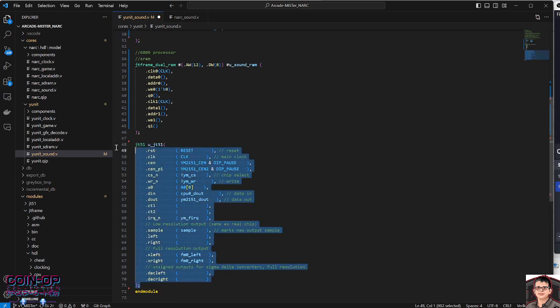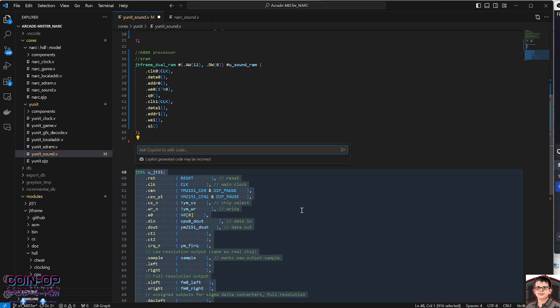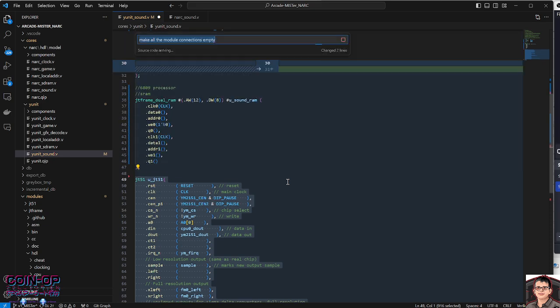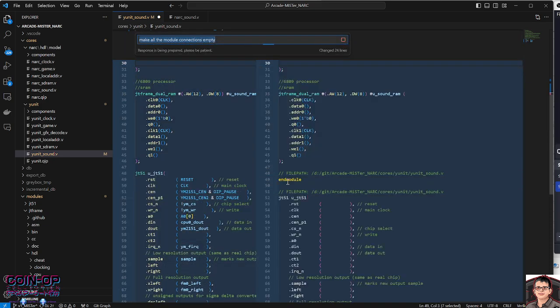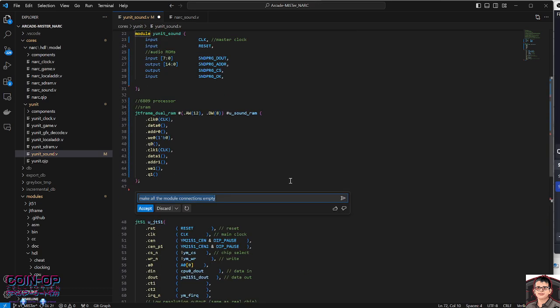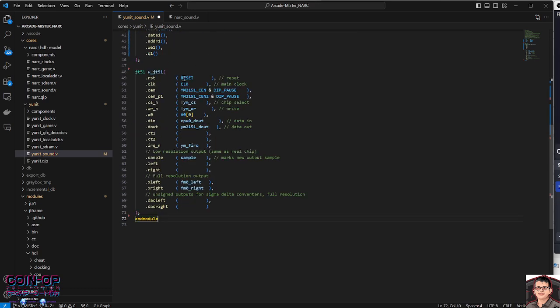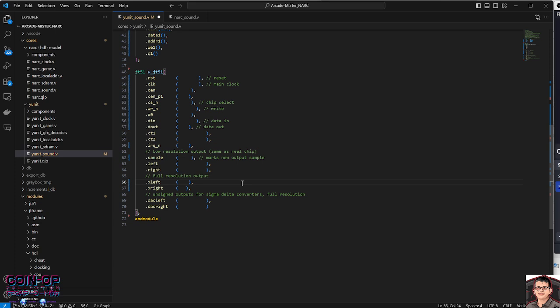Oh, come on now. Make all the module connections empty. Oh, that's weird. Okay, it did it, but I think because my resolution is low, I didn't see the box, or the box disappeared prematurely. So I'll just zero this out. It's fine. Just zero this out and be done with it. Okay, that's fine enough for now.